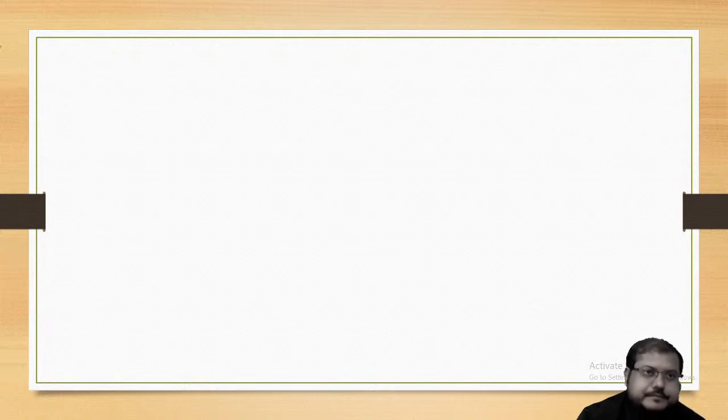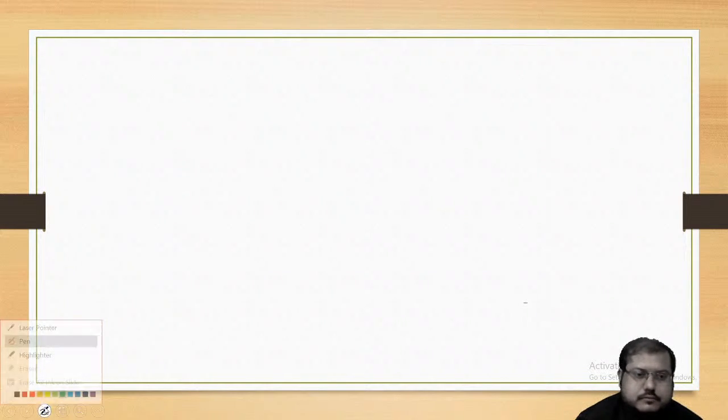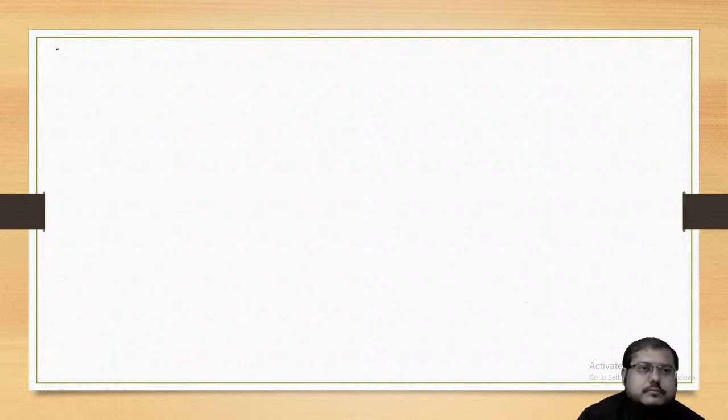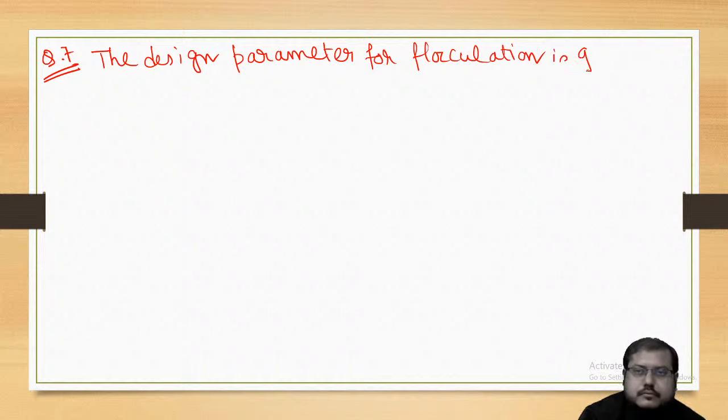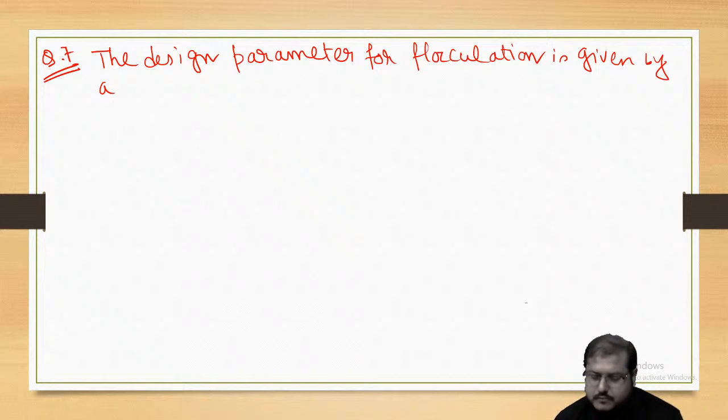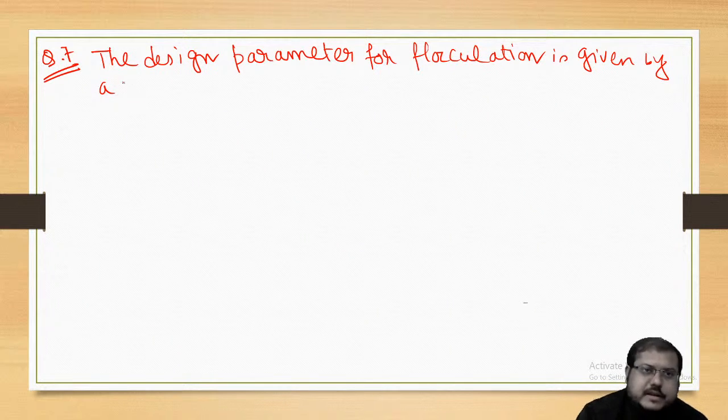Looking for question number 7. The design parameter for flocculation is given by a dimensionless number GT.